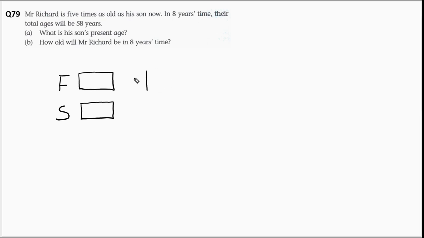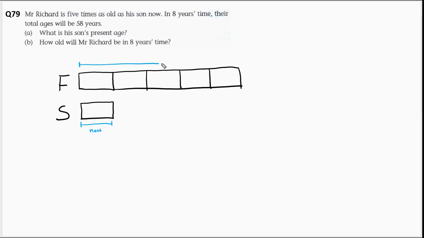So that's 2, 3, 4, 5. Okay, that's just an easy way to draw it. And let's think, what does that represent? That's now. Okay, and I want to label that. So this is now, and this is now.